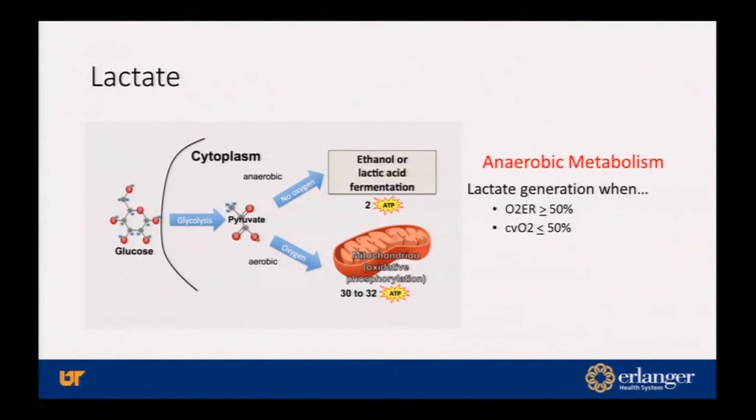But if you don't have that, because your oxygen extraction ratio is too high, meaning your central venous oxygen saturation is too low, then you shunt to make lactate. And that is why we measure lactates.